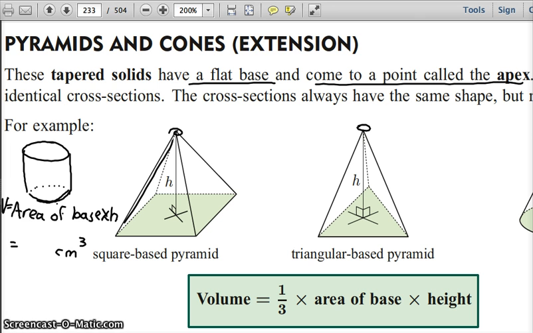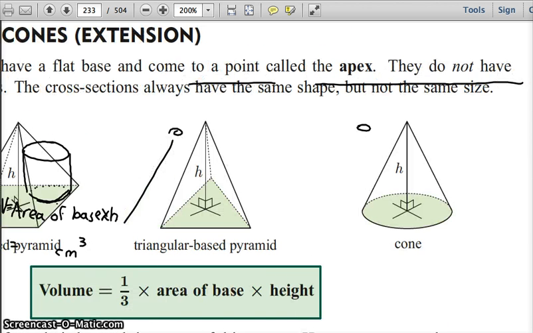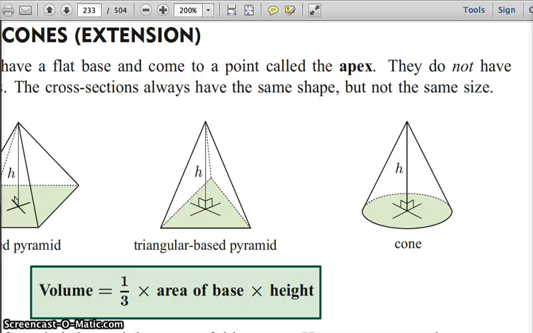And you can see the cone comes to a point at an apex above its base. Now, when you are dealing with those, you are dealing with this formula. Area of base times your height remains the constant. That's still what we spoke about with the prisms. But with the pyramids, you just get a third of that.